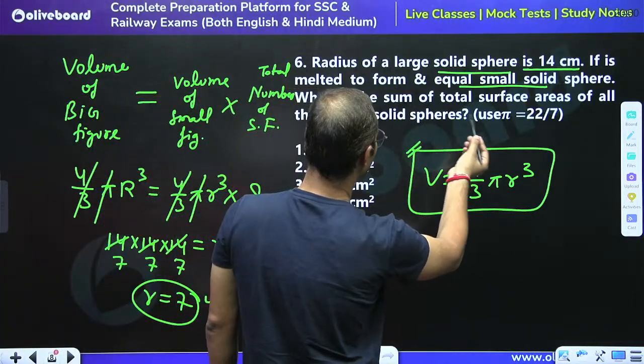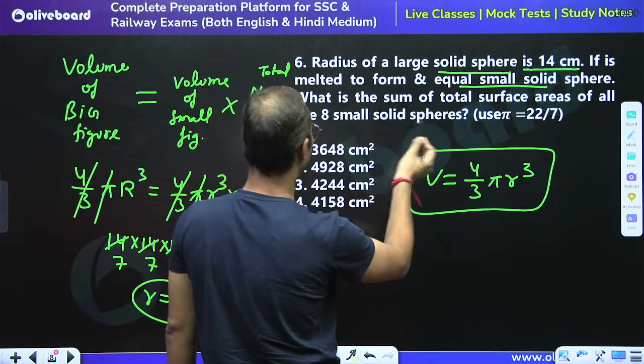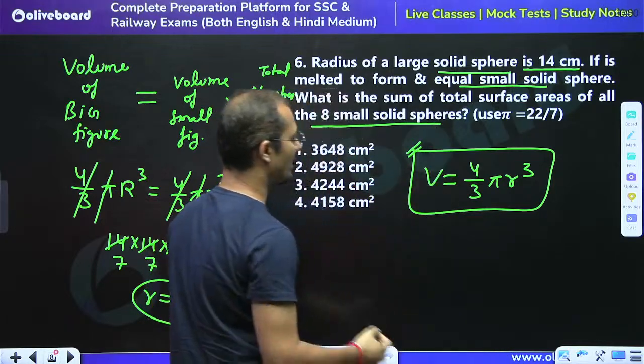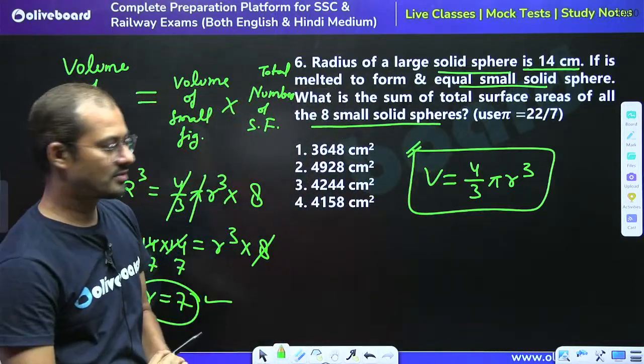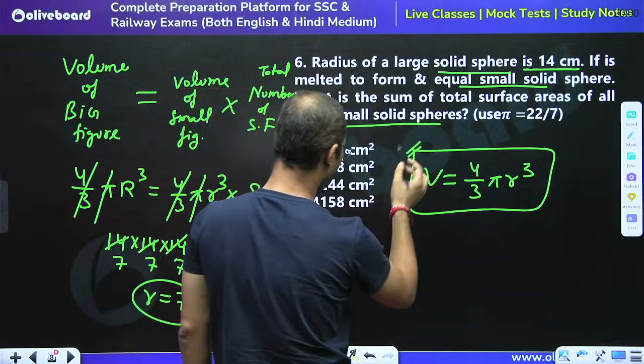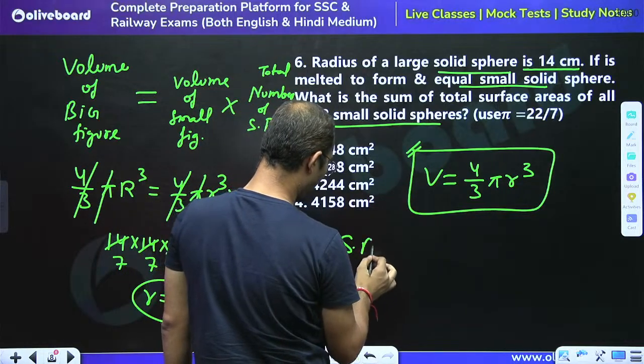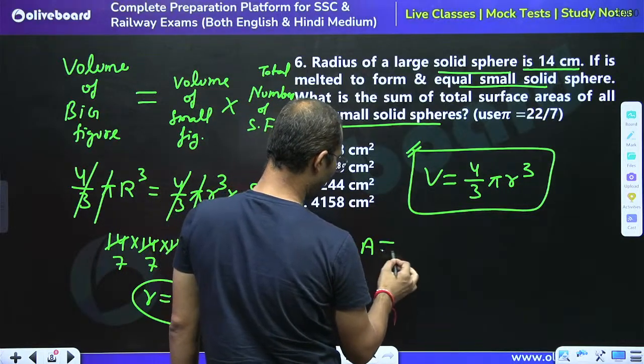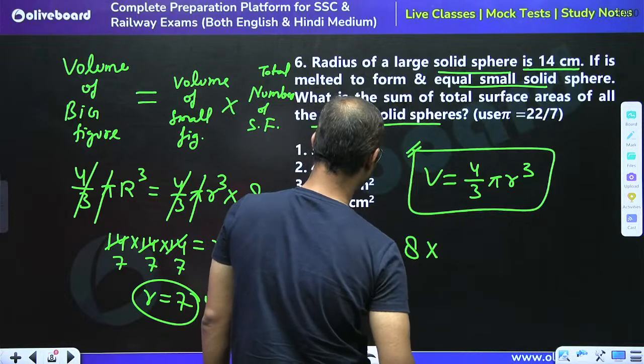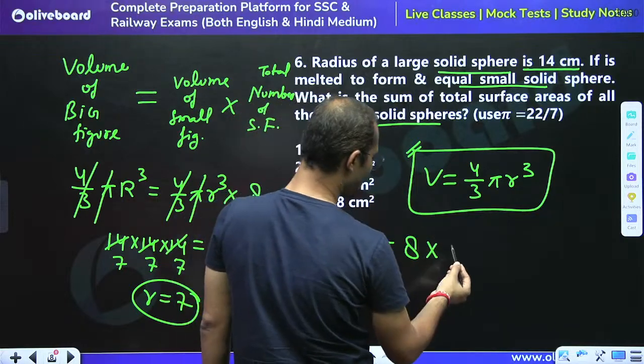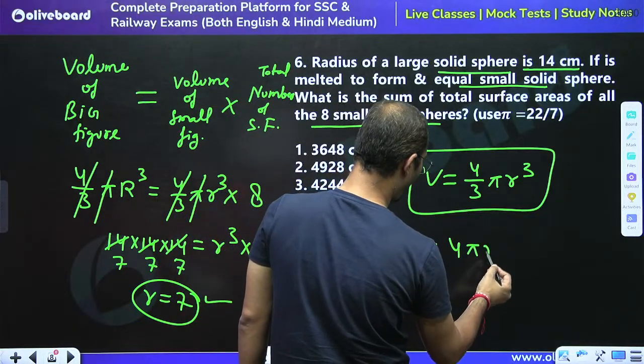Now we have to calculate the total sum of the surface area of all 8 solid figures, right? So the total surface area would be equal to 8 into, what is the surface area? 4 pi r square.